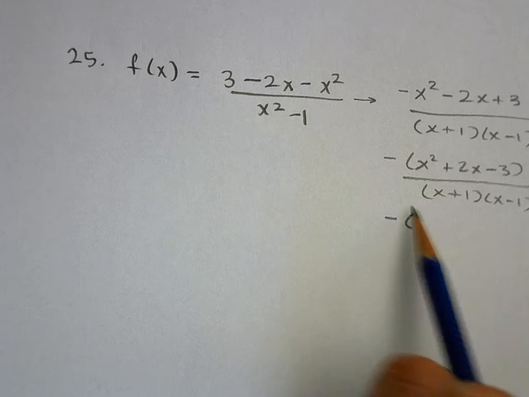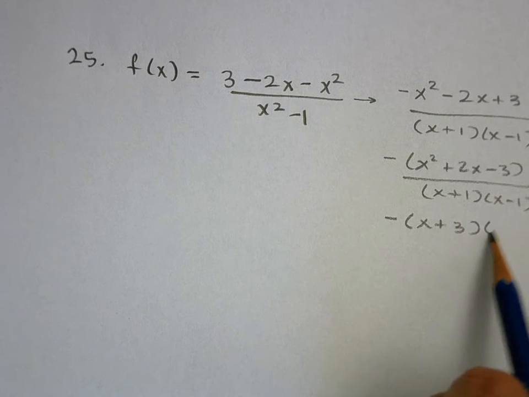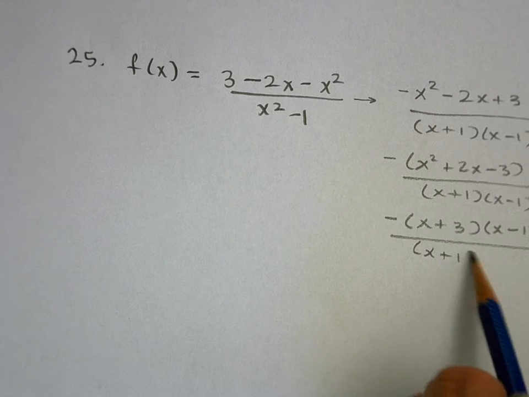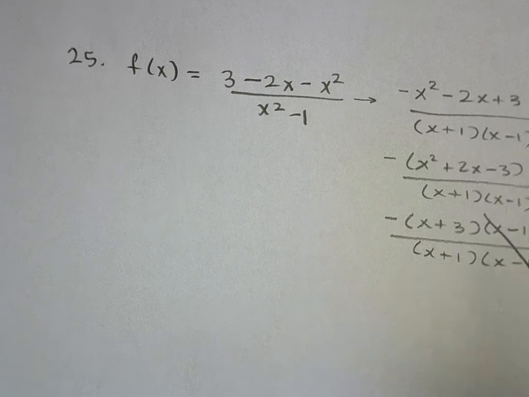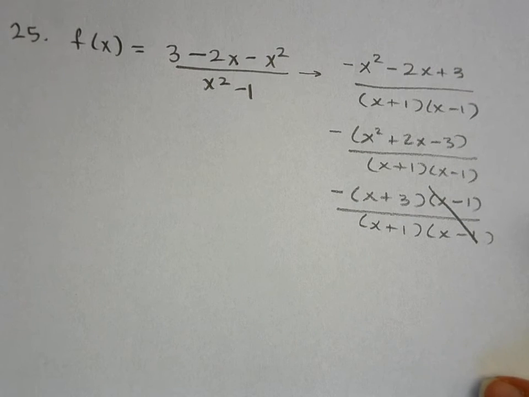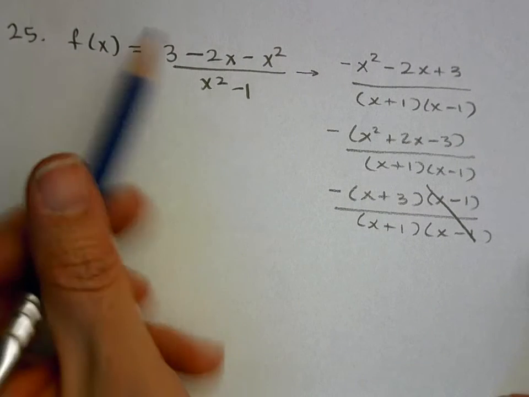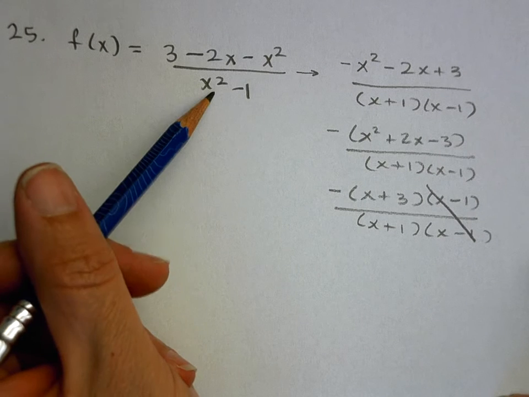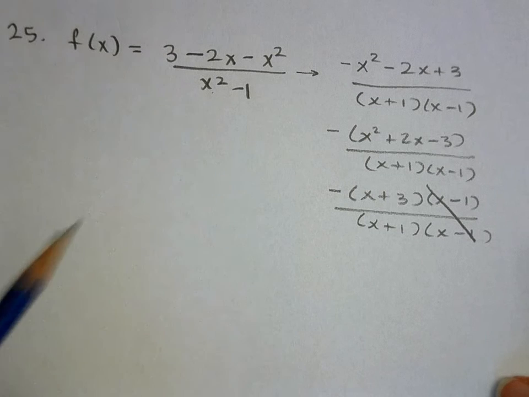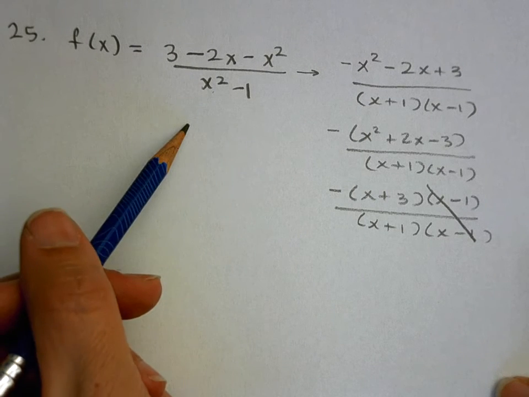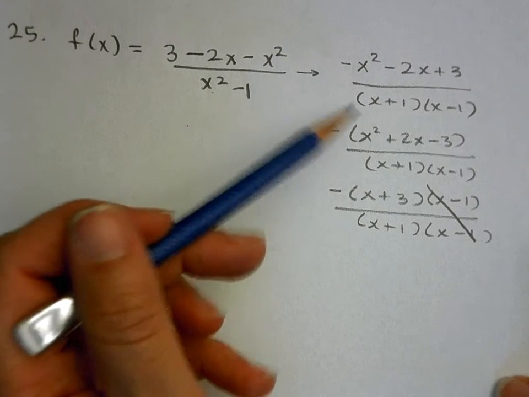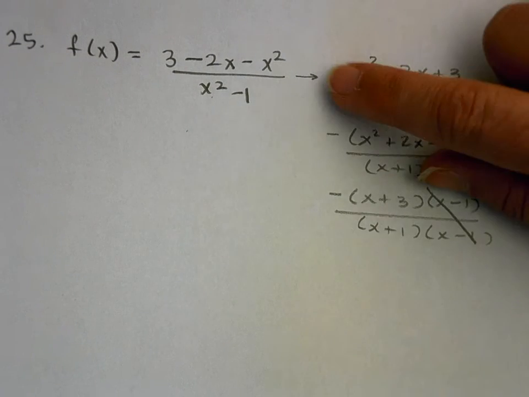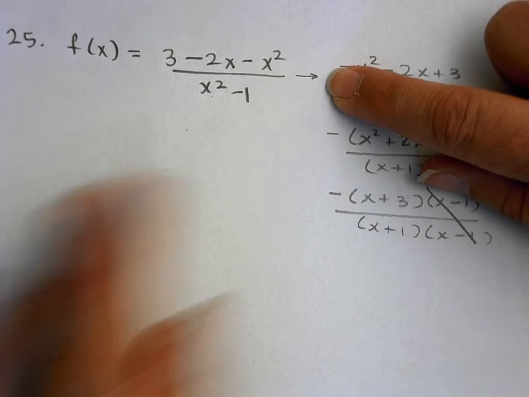And factor my trinomial. And so I could go ahead and do that, right? So all I did was reduce this and then just do quotient rule right here. Or I could just go ahead and do quotient rule. So it doesn't matter. So I'm going to just do it off of the original, but I could, as an alternate method, reduce it first and then do quotient rule. Okay, so let's go ahead and we're just going to do quotient rule off of the original though.